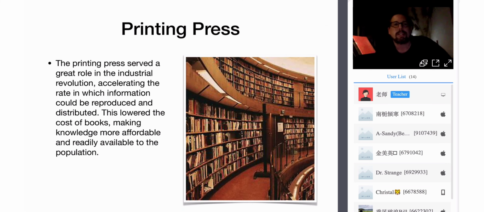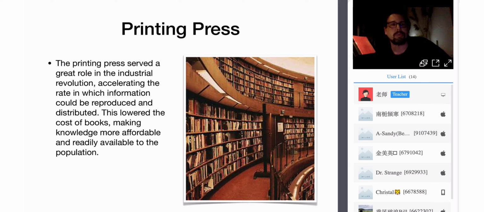The printing press served a great role in the Industrial Revolution, accelerating the rate at which information could be reproduced and distributed. It was very costly to produce books because one person could make one book at a time. Whereas the printing press allowed mass production of books, and this made them more affordable, and this, again, fed into the education system. Everyone finally learned how to read and think for themselves.